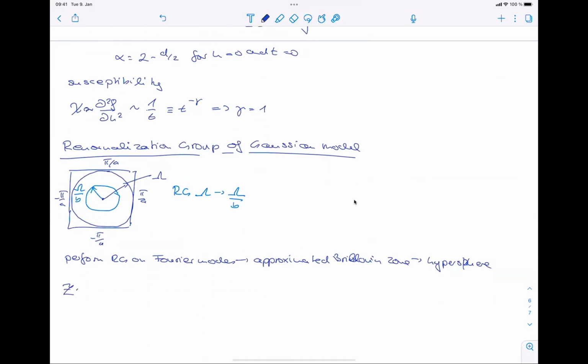Remember the partition function as set up in the Fourier setup.